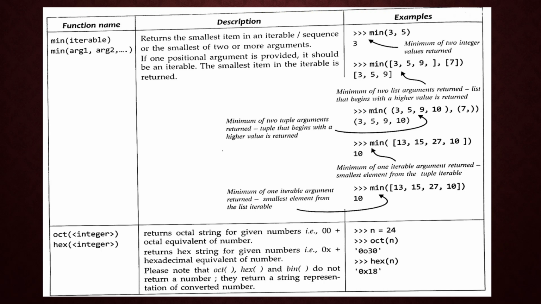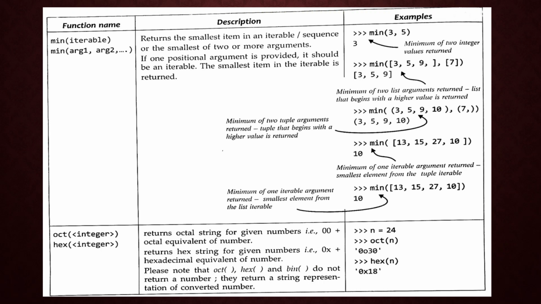Here n equal to 24 is a decimal number. Octal of n returns 0o30. So the first digit 0 means we are using the octal number system, and the second one, o, means the octal number system.